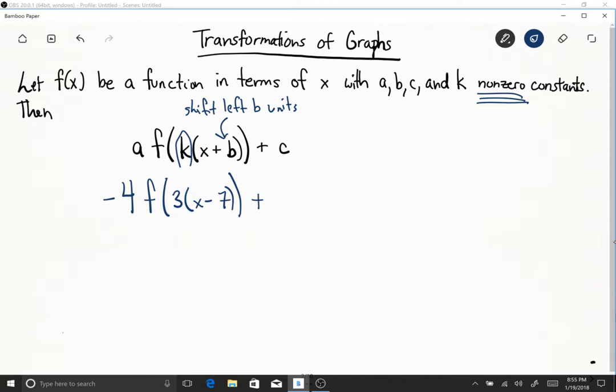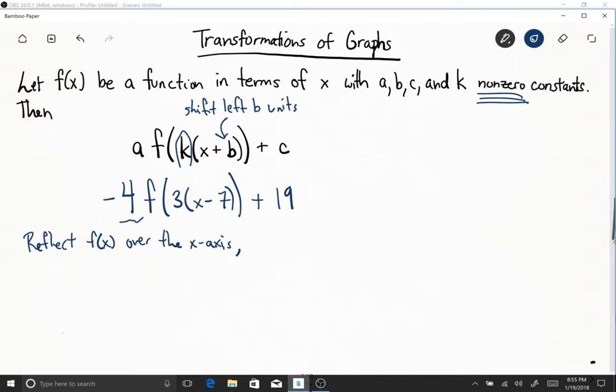Let's go plus 19. What do we do? So the first thing I'd recommend is looking at this negative symbol, and that tells you you have a reflection. So we'll reflect f of x over the x-axis, followed by, what does this 4 on the outside do?